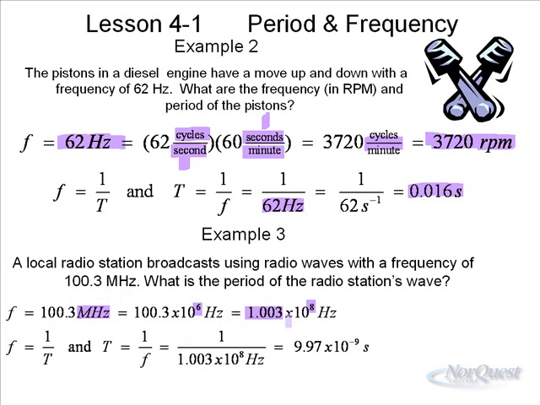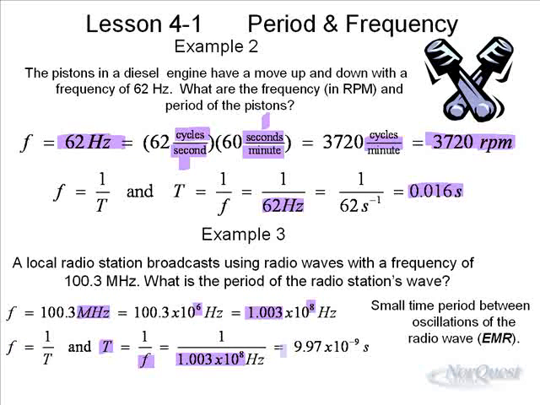That's the frequency of the radio wave. All right, it's an electromagnetic wave that leaves the station. So if that's the frequency, then of course the period is the inverse of the frequency, and it's 1 divided by 1.003 times 10 to the 8, which is very, very small. Only 9.97 times 10 to the negative 9 seconds. And this is a small time period between oscillations of the radio wave or the electromagnetic radiation.